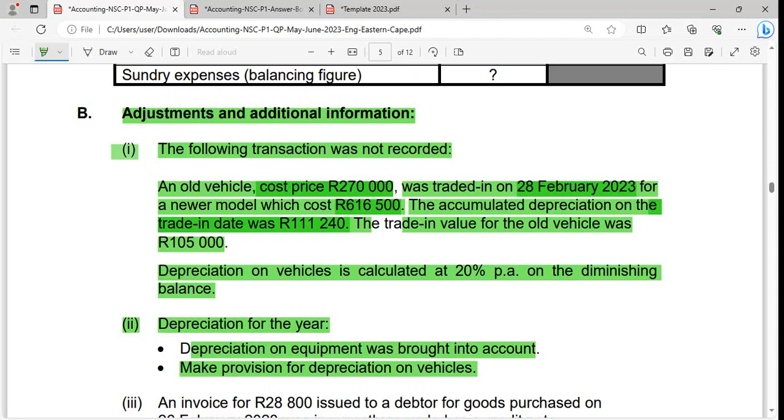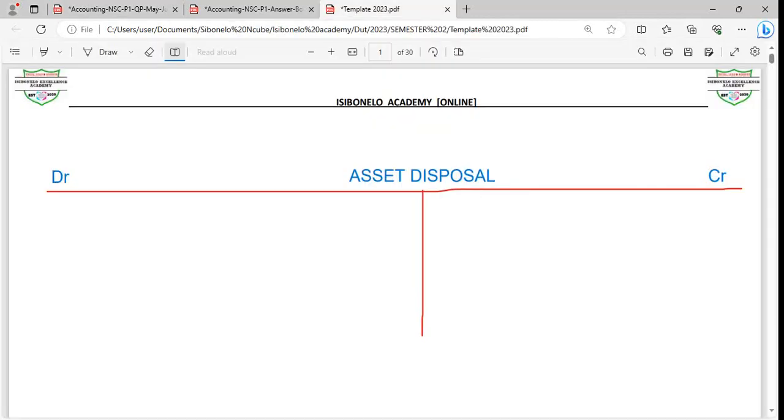So guys, I told you that the best or the easiest way to get a profit or loss on sale of the asset is to prepare the asset disposal. So now guys, when we prepare the asset disposal on the debit side, we write the name of the asset that has been disposed of. So in this case, the name of the asset is a vehicle, and then the cost of this vehicle is given.